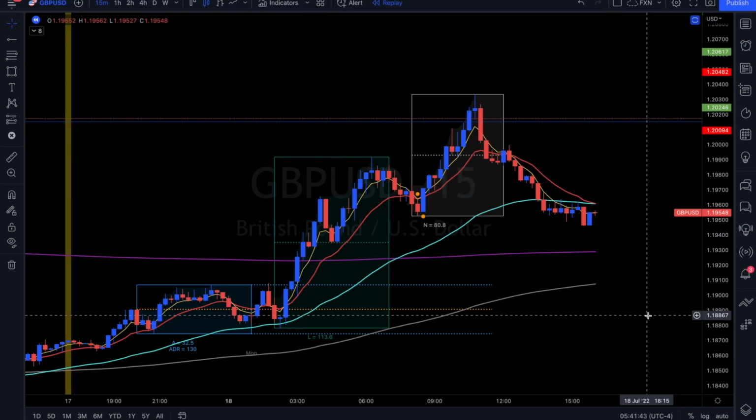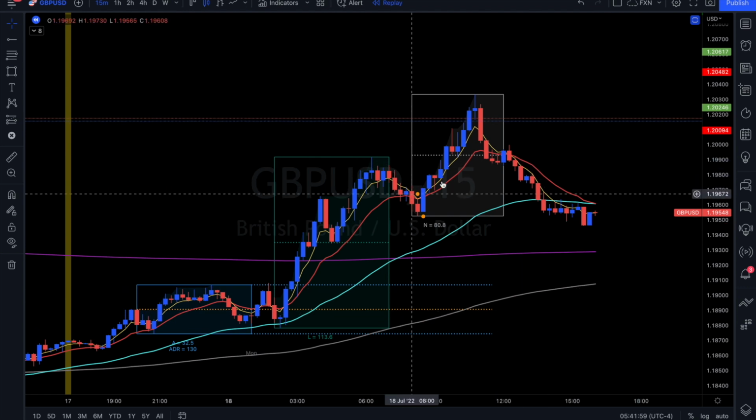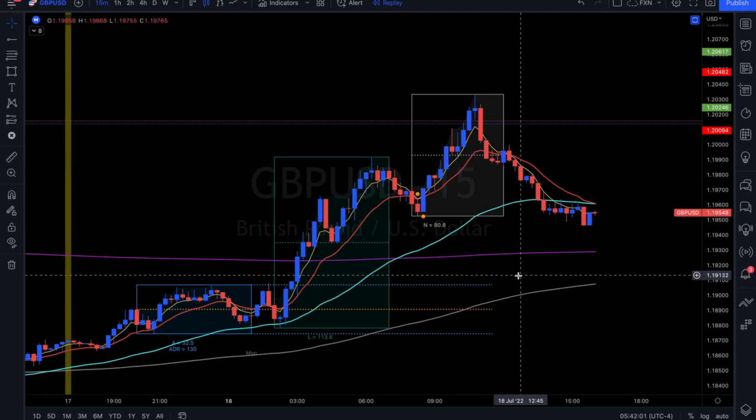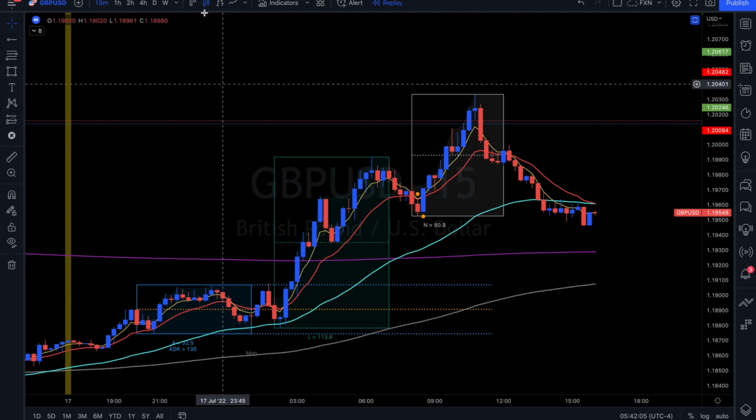Alright guys, so here's the setup that I wanted to show you. This happened yesterday during the US session. Now, the setup on pound USD that we were looking at during the US session was essentially a continuation trade. What is a continuation trade?